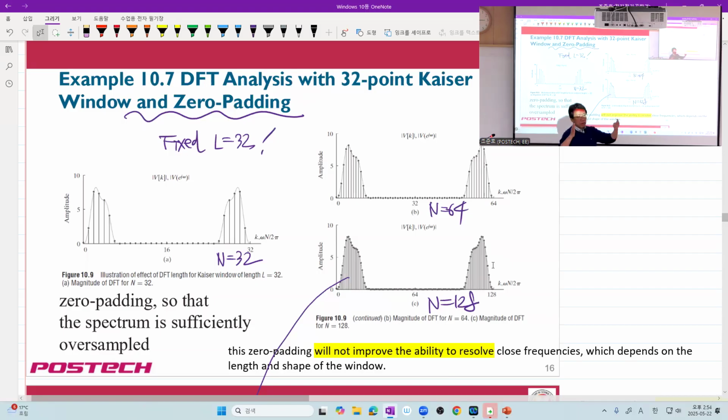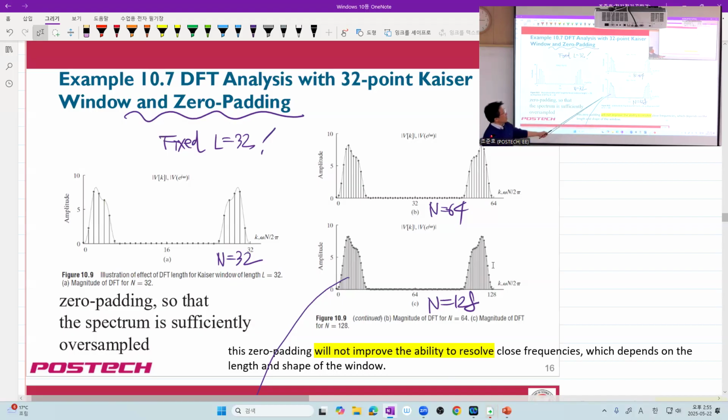Given the same length of vector, but you pad more zeros, of course you have a longer and longer output, and that output must be squeezed to 0 to 2 pi if you really want to plot the DTFT. And if you want to plot an estimate of the CTFT, then you must cut and fold and plot from negative half of the sampling frequency up to half of the sampling frequency, right?